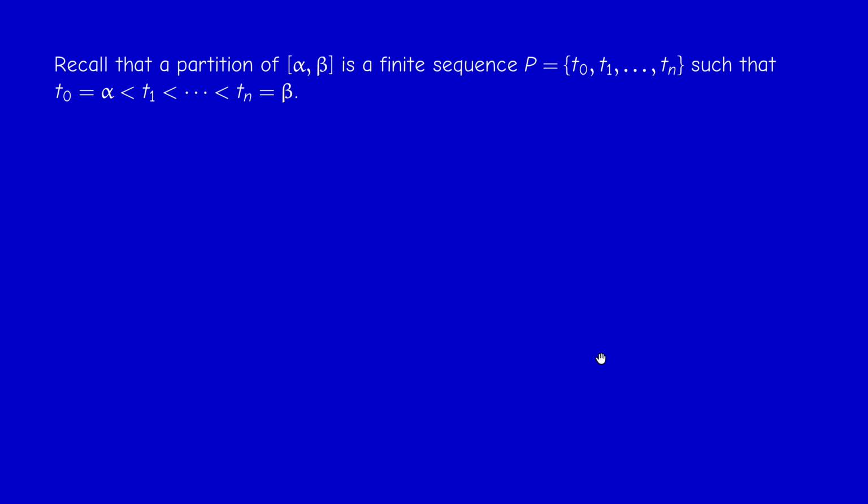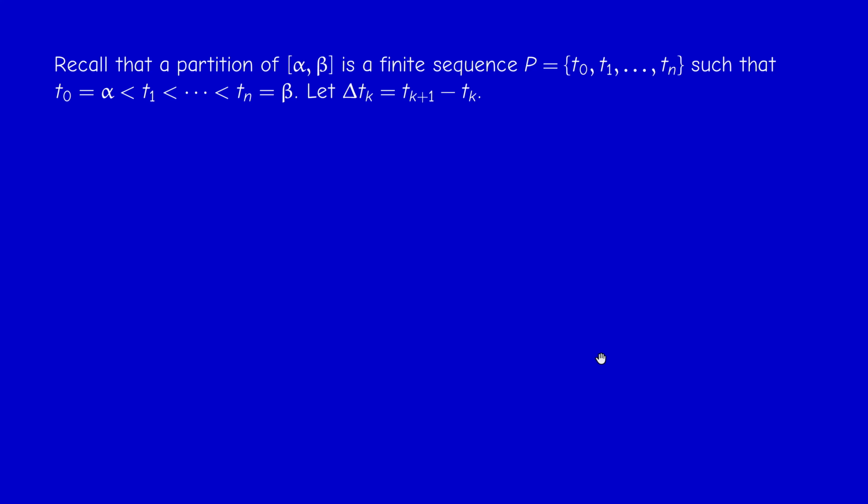Right? Okay, so let us call a partition of an interval alpha beta of the real line a finite sequence P of points inside the interval, an increasing sequence starting from the lower end, alpha, so T0 equals alpha, then comes T1 and so on, and the final point of the partition is the final point of the interval, right?